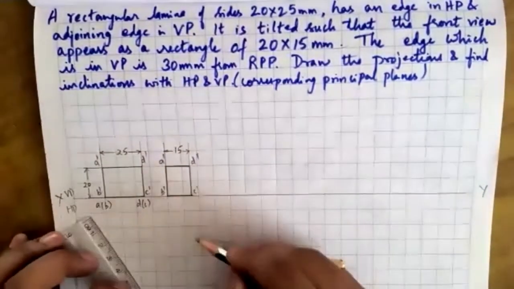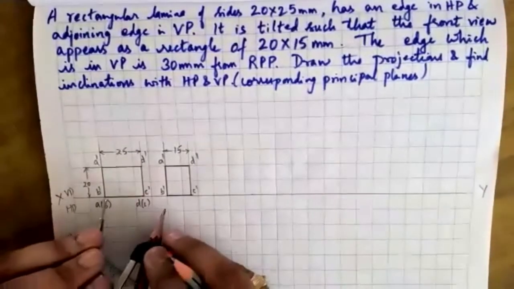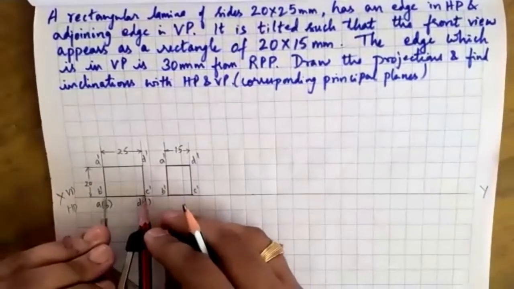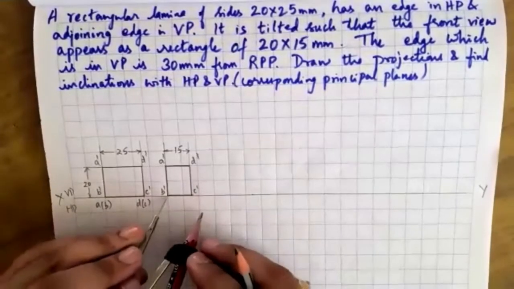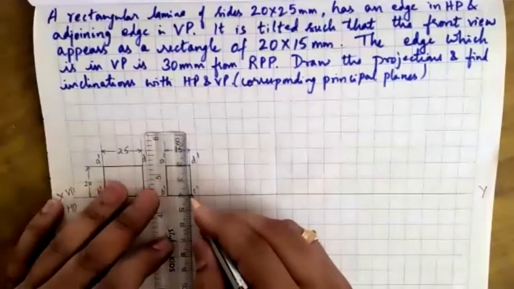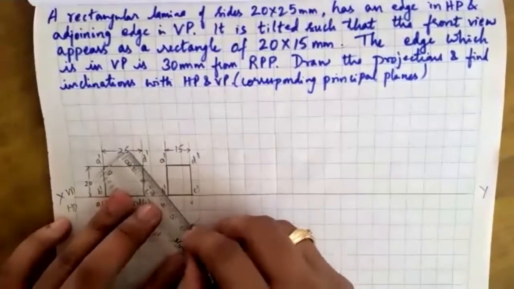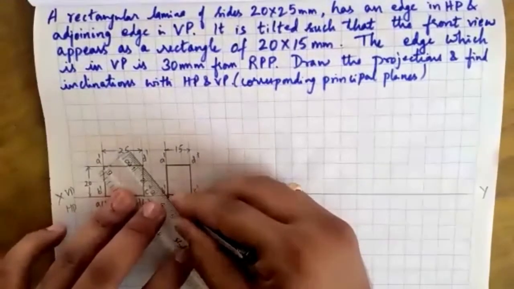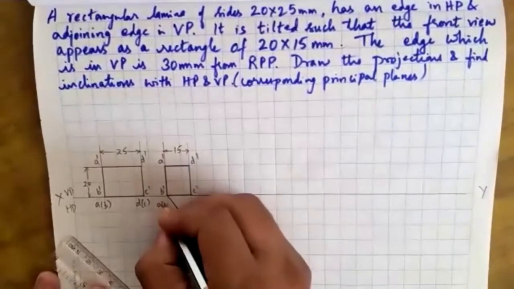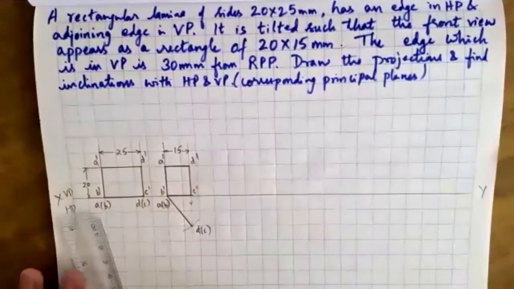DC will come somewhere here. So the DC measurement is 25 mm, which is the top view of the line. Same measurement, I am going to mark it here. And from DC, I'll draw a line. So it is meeting somewhere here. So the top view will be here. So A B is here itself. This will be D C.